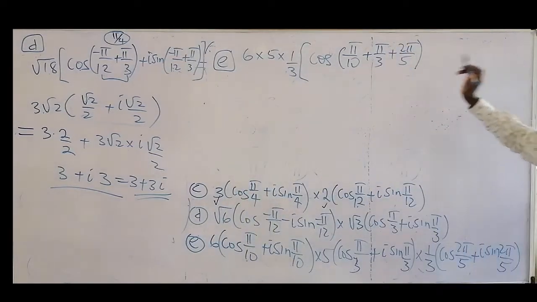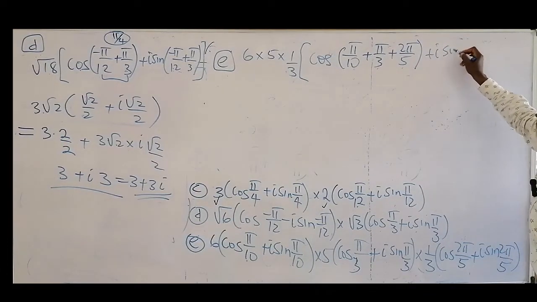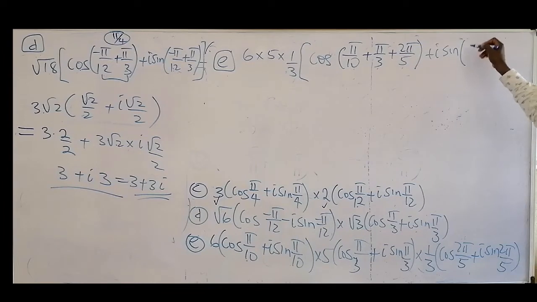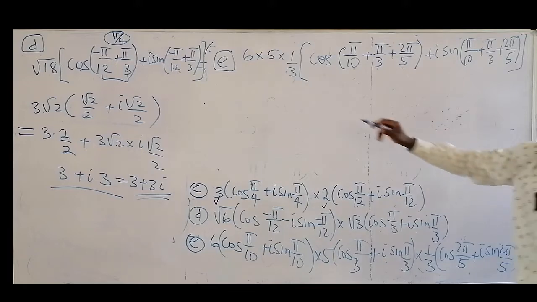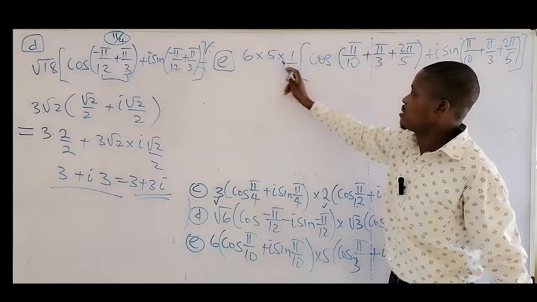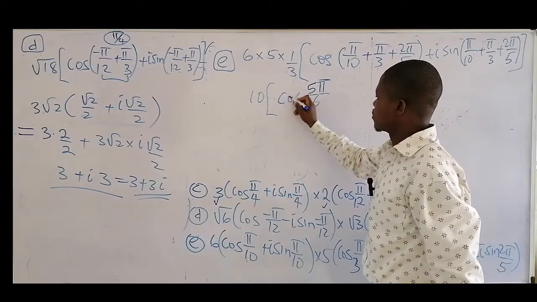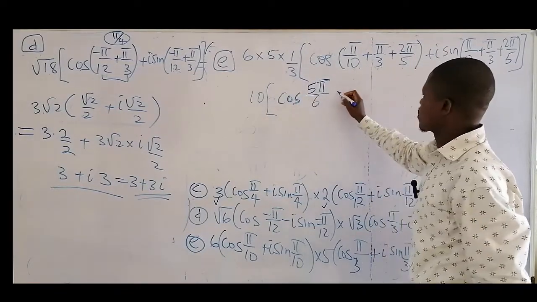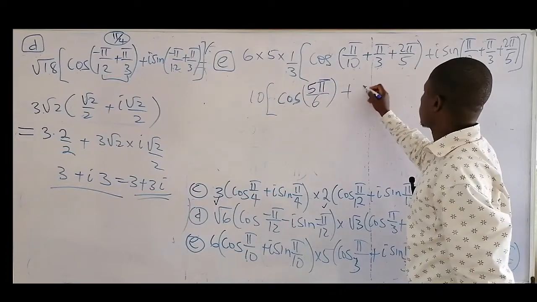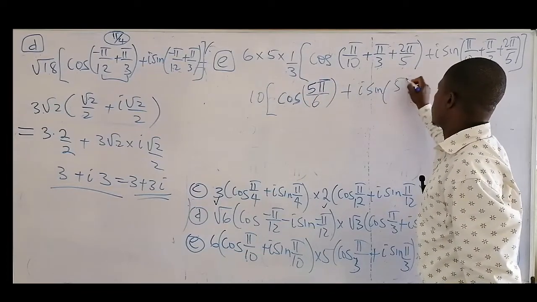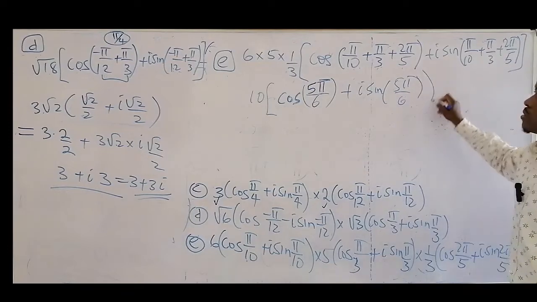So we finish that. That's theta 1, theta 2, theta 3. Then plus the imaginary part, it will be the same thing: this one plus this one plus this one. So this one times this one, that's 30 over 3, that's 10. Over 6, so cos 5 pi over 6, then plus i sine 5 pi over 6.